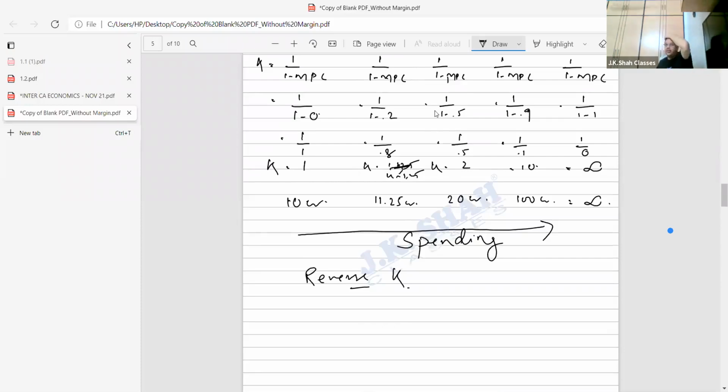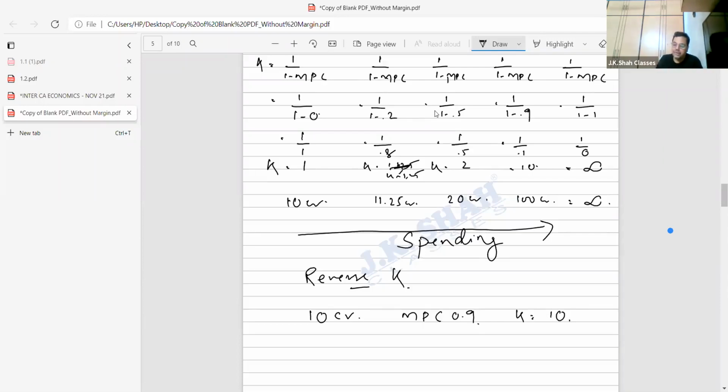In inter-level, they can ask any question. So if they ask what is the reverse working of multiplier, pay attention. Suppose I say government has made an investment of 10 crore. MPC 0.9. So when we come to know MPC is 0.9, K becomes 10.